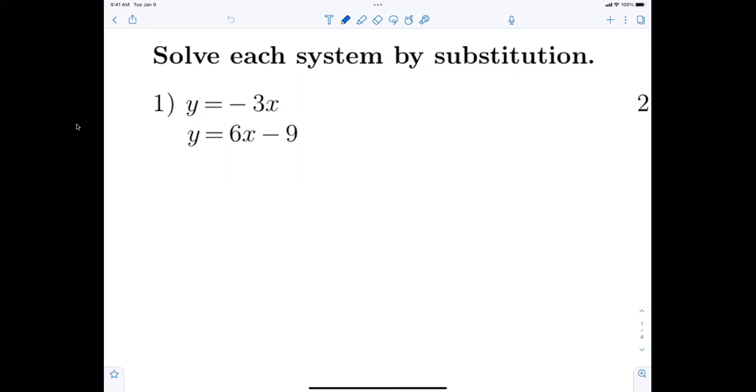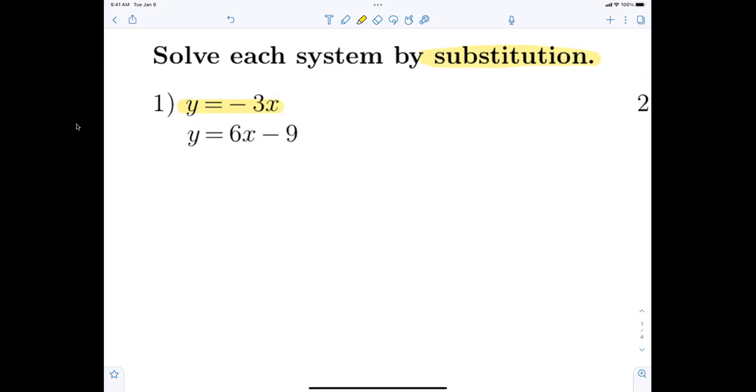So now, let me explain why it's called a substitution. The reason it's called a substitution is because we are going to substitute one equation into the other equation. So now, please listen. What does y equal in the first equation? Y equals -3x.